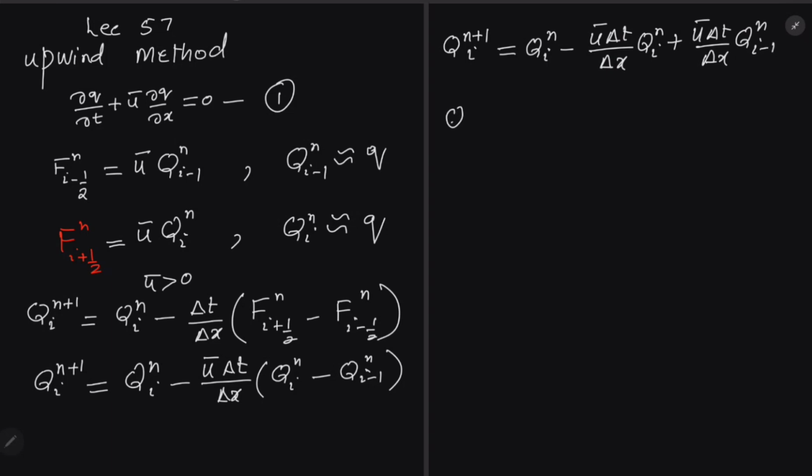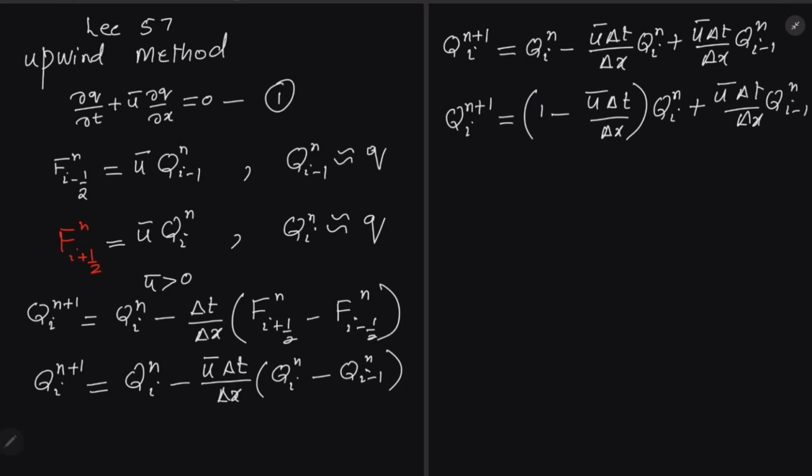So we combine the values, similar coefficients: 1 minus U bar delta T by delta X, and that is Q_i^n plus U bar delta T by delta X, Q_{i-1}^n. Here, this is the CFL number, so I can write it as 1 minus C, Q_i^n plus C Q_{i-1}^n.